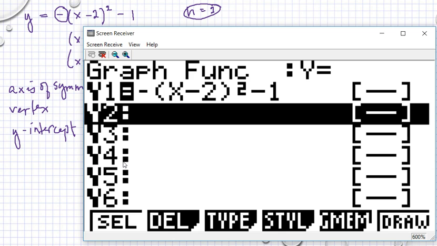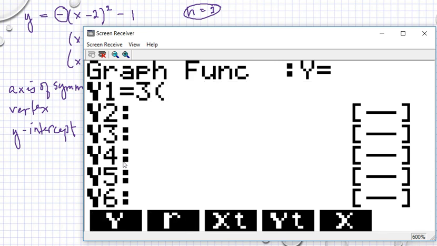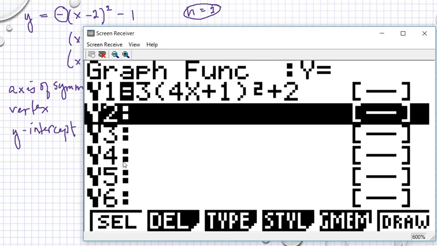The same is true when you have, for example, 3 times 4x plus 1 squared plus 2. This gives you also an idea that your lowest point, the y value, will be 2.